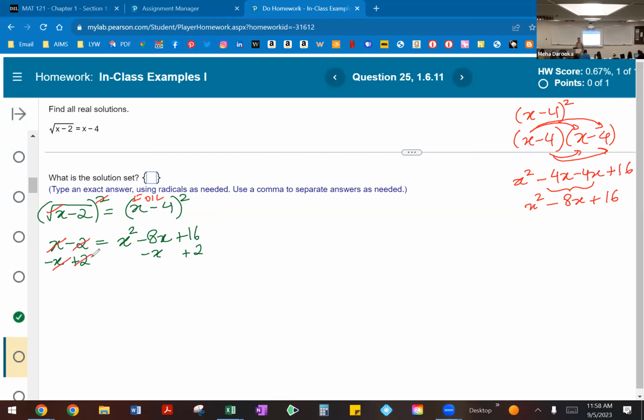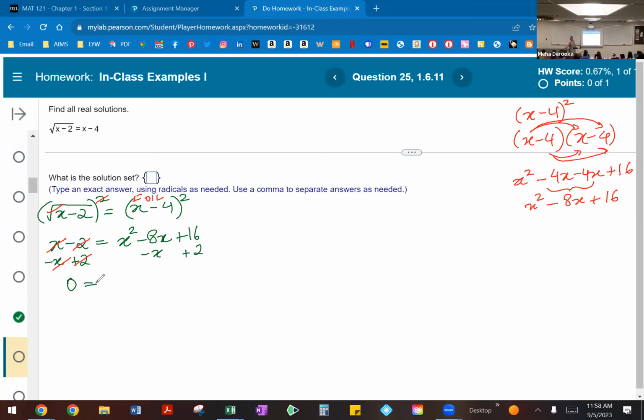And what will our final quadratic polynomial look like once we combine these things on the right-hand side? X squared minus, and that's plus 18.